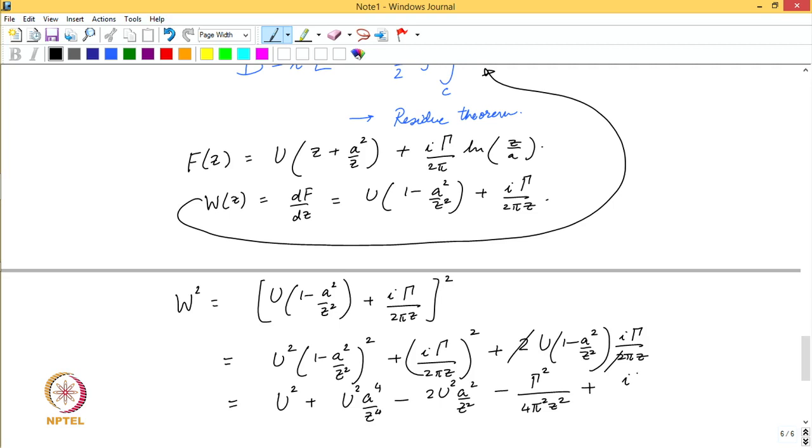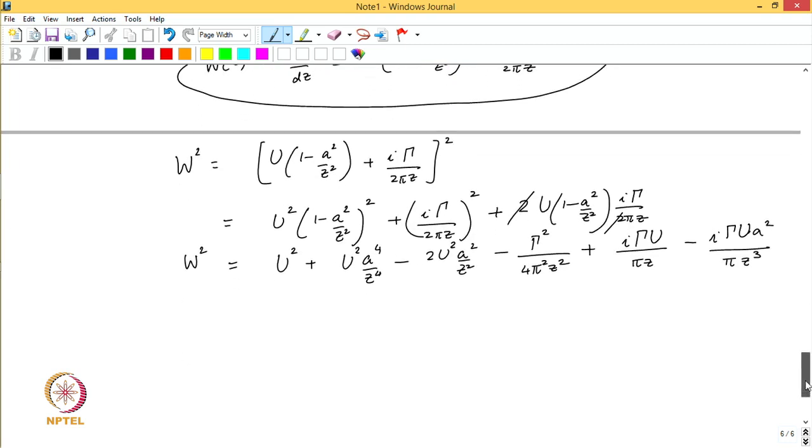So, we will get iota gamma u by pi z minus iota gamma u a square by pi z cube. This is w square.